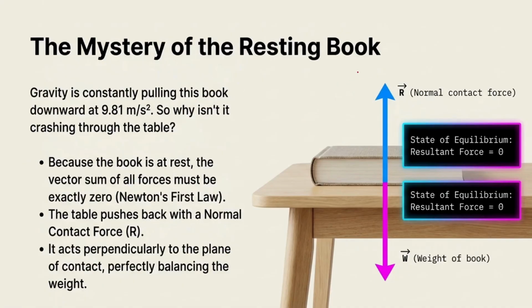I hope you get the point why the book is at rest: the net external force on the book is zero. The vector sum is zero because force is a vector quantity, so you have to consider the direction as well. I hope you get my point.